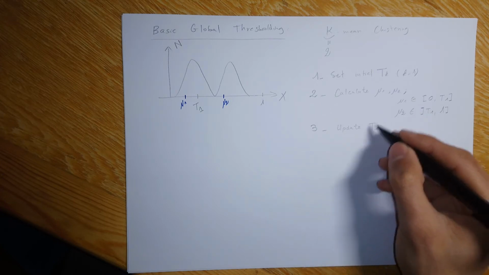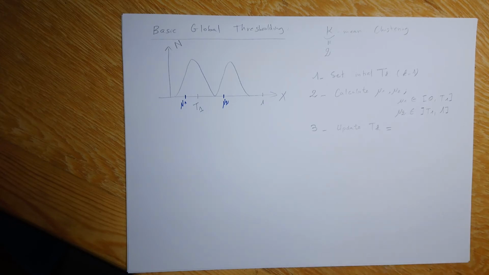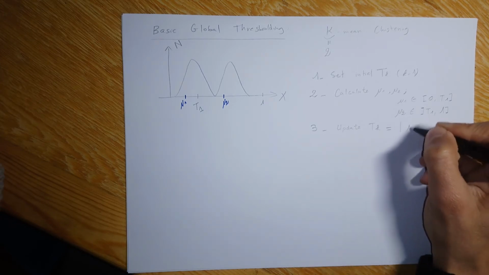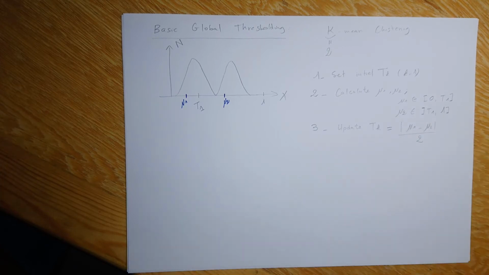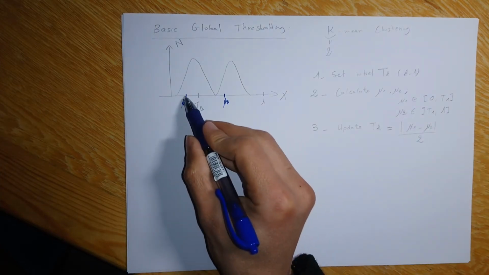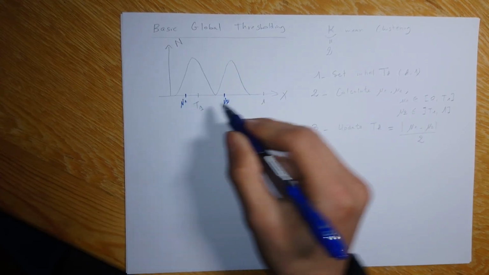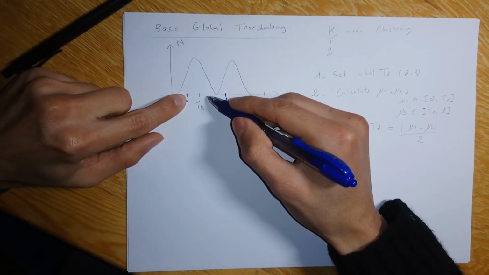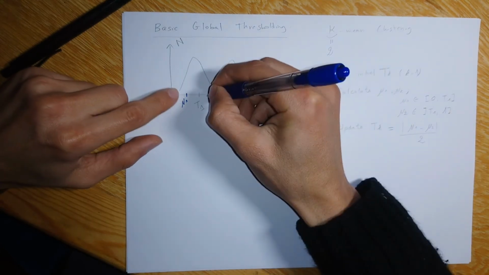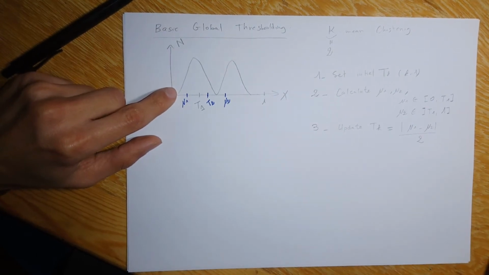So update the threshold, and we can say that the new threshold is going to be (mu1 plus mu2) divided by 2. This is just like saying get the new threshold between these two means. This is the first mean and this is the second mean, and this is the center of this interval between mu1 and mu2. This is going to be my new threshold.